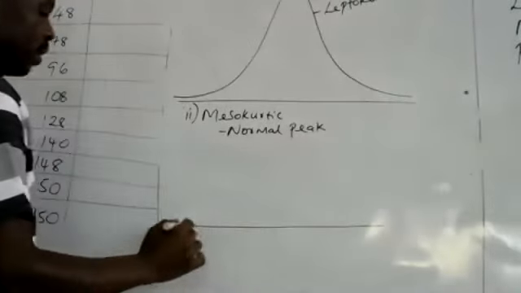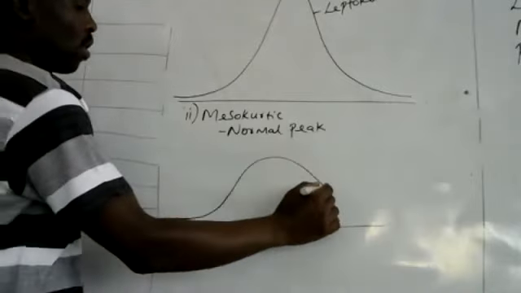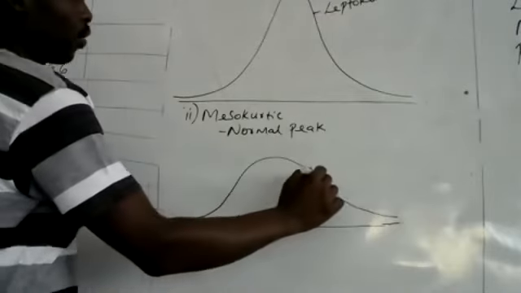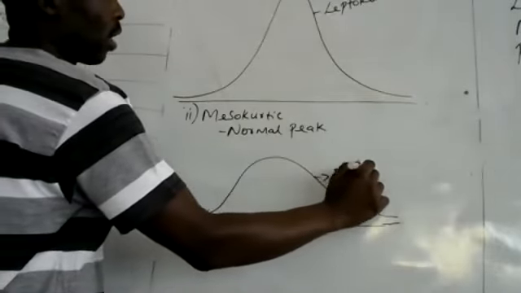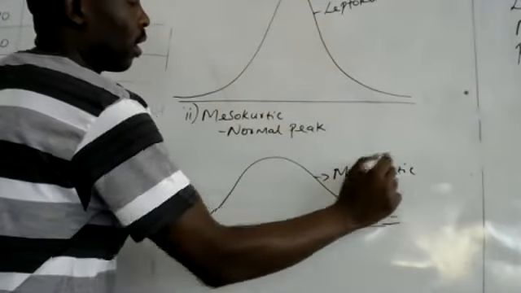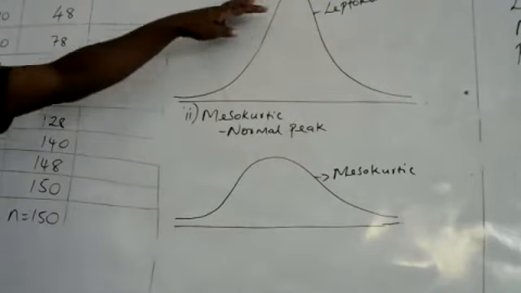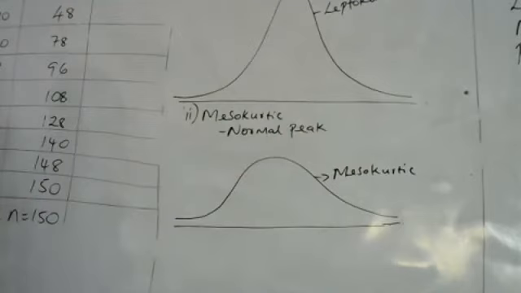It is normally represented as follows. This is what we call mesokurtic. It is not sharp and it is neither very flat.